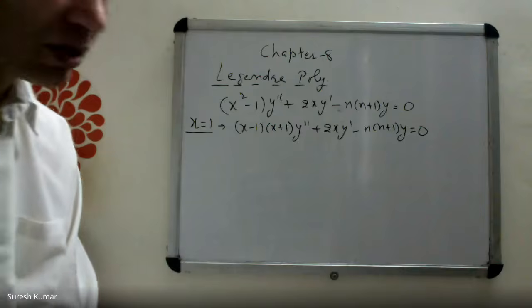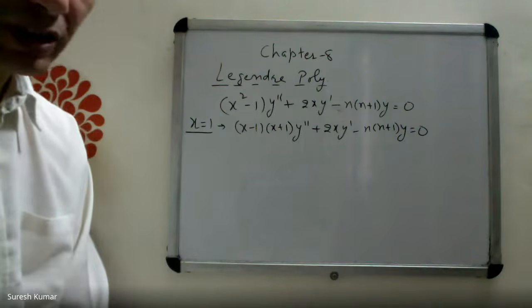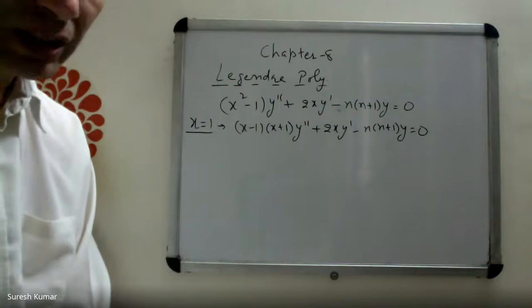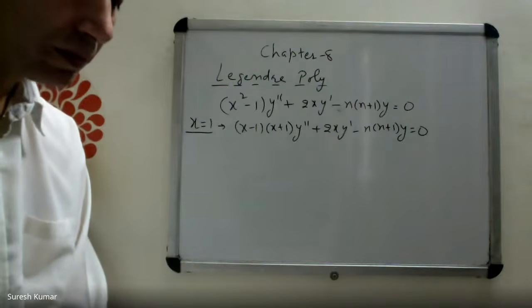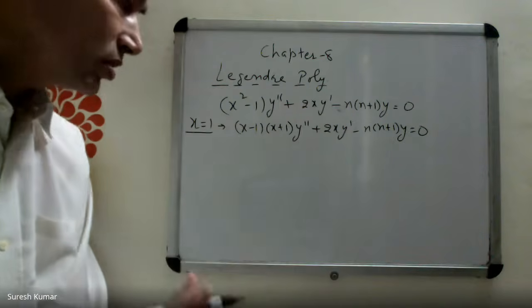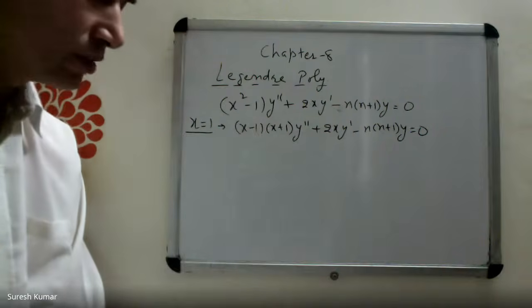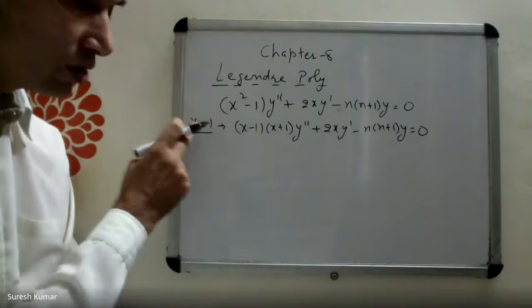This equation is perfectly suitable for conversion to hypergeometric differential equation, because once it is hypergeometric, you can directly write the solution. Do you recall the transformation by which we can convert this equation into hypergeometric form for solution about x equal to 1?